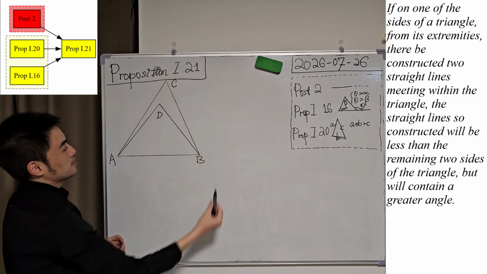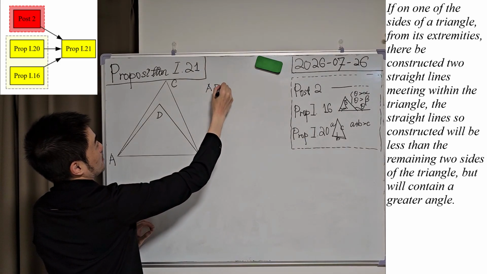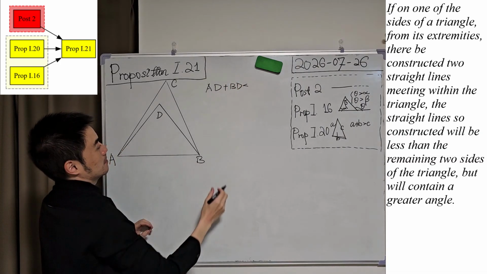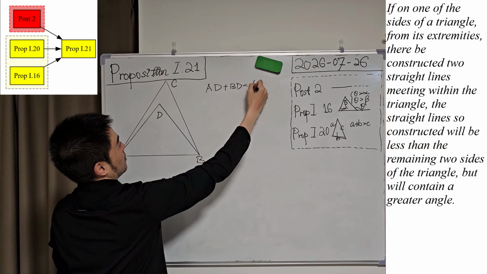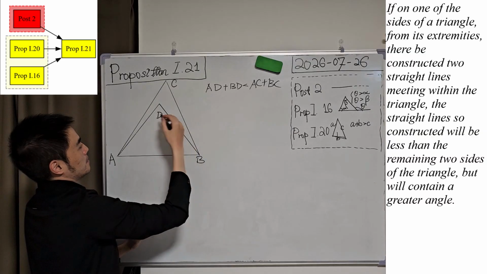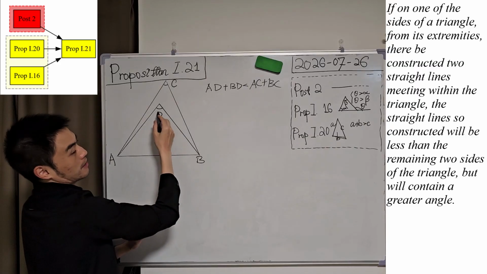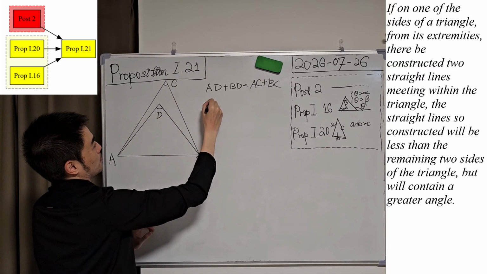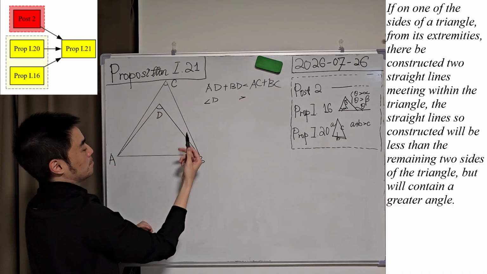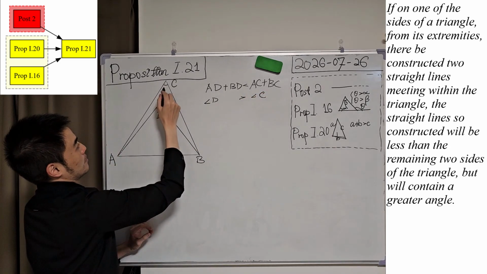So the proposition declares that AD plus BD is less than the sum of the other two sides, which are AC and BC, and the angle here is greater than this angle. So the angle contained by these two straight lines, which is angle D, is greater than the angle contained by the two other sides, which is angle C. Okay, this is greater than this.